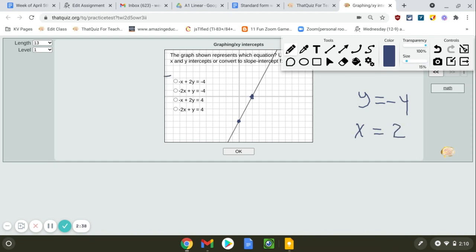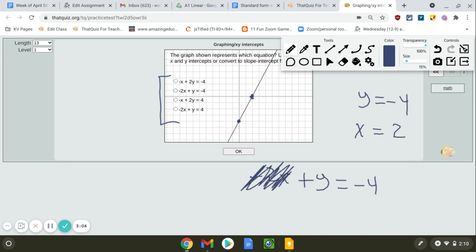And so what we do is we just look at each of these 4 answer options and see which one matches that information. It looks like this one right here, negative 2x plus y is equal to negative 4. If I look for my y-intercept, I'm just covering up the x.